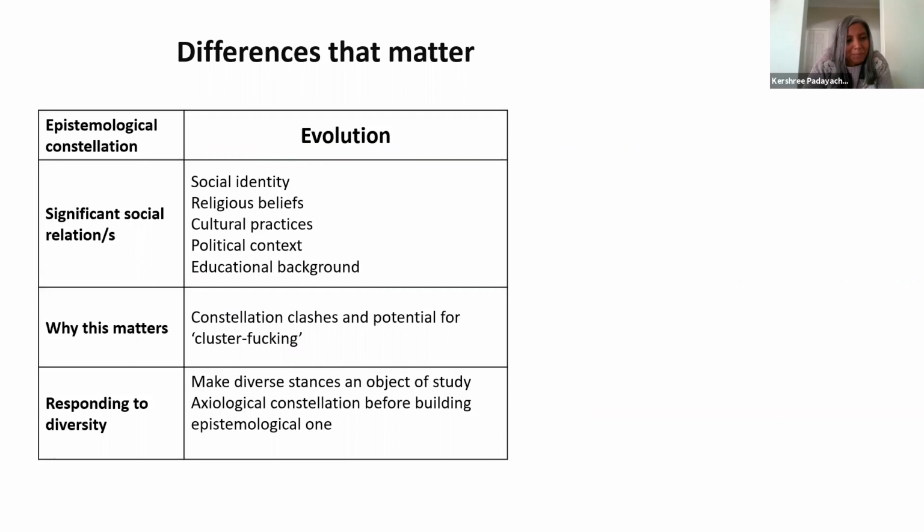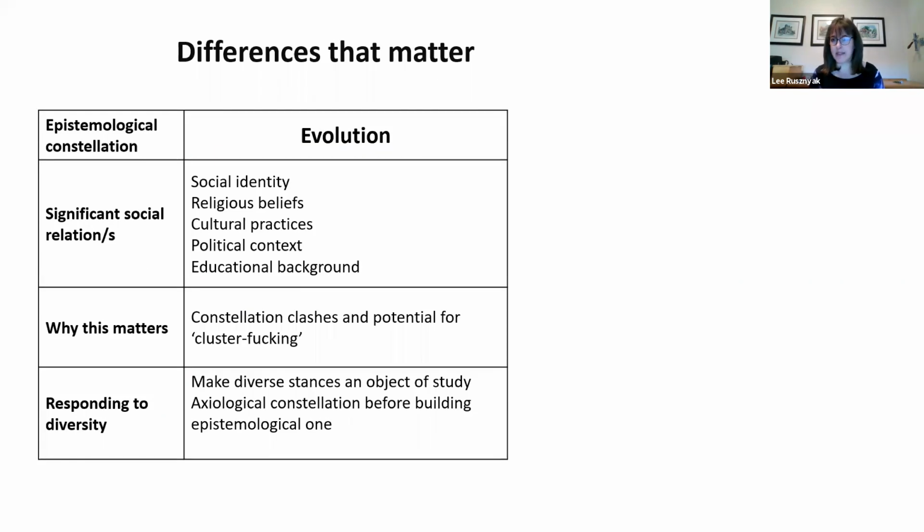Thanks, Kershree. So what social relations or what attributes are significant when one is teaching something like evolution? And Kershree showed us the impact of the social identity, the religious beliefs, the cultural practices, political context, and their educational background.